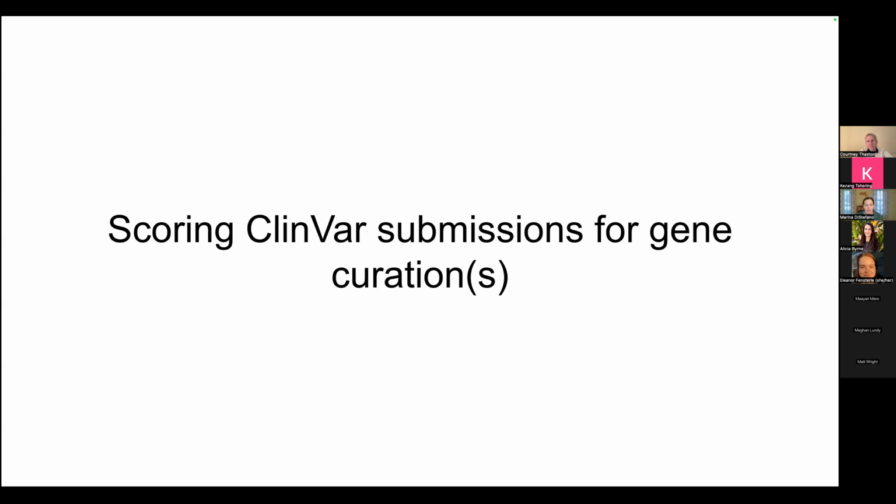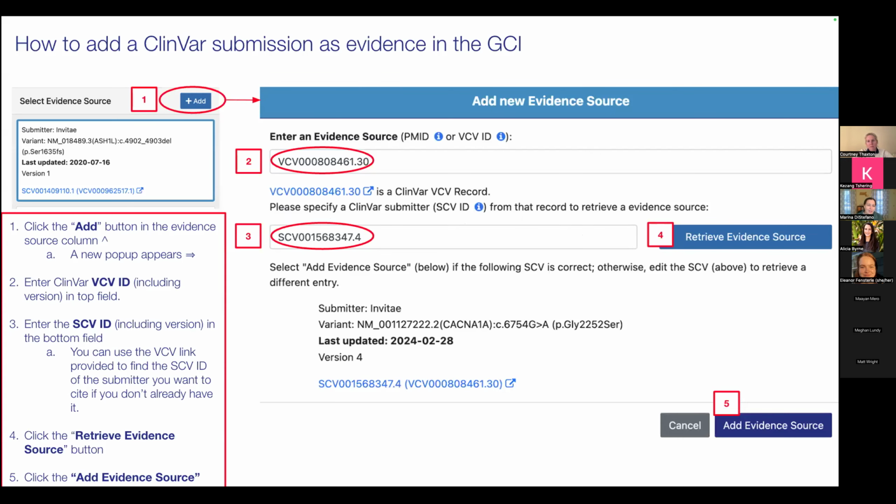So let's talk about how you enter them to the GCI, because previously you just put them in the evidence summary text and add that information there, but now you can capture that granularly. So to add a ClinVar submission as evidence in the GCI, you have now a select evidence source.